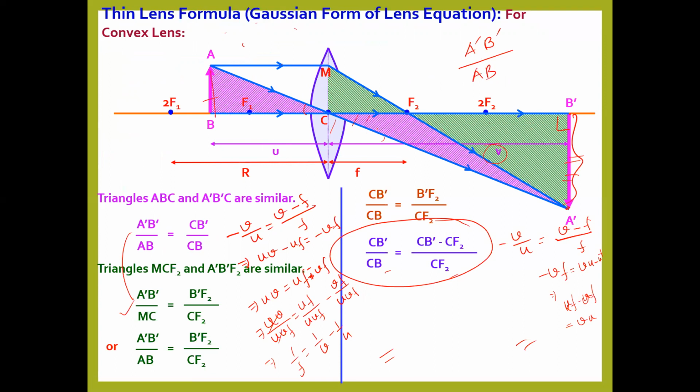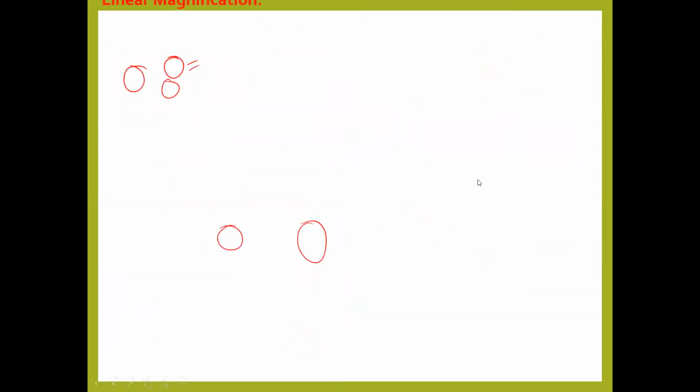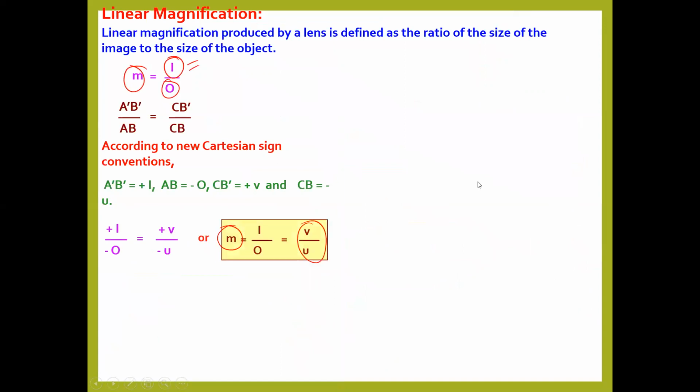And from these two similar triangles, we know that the ratio of these two must be equal to the ratio of this length to that length. So this is the V, this is the U. So that will come actually minus V by U because U is minus U. Or in general, we can say V by U.